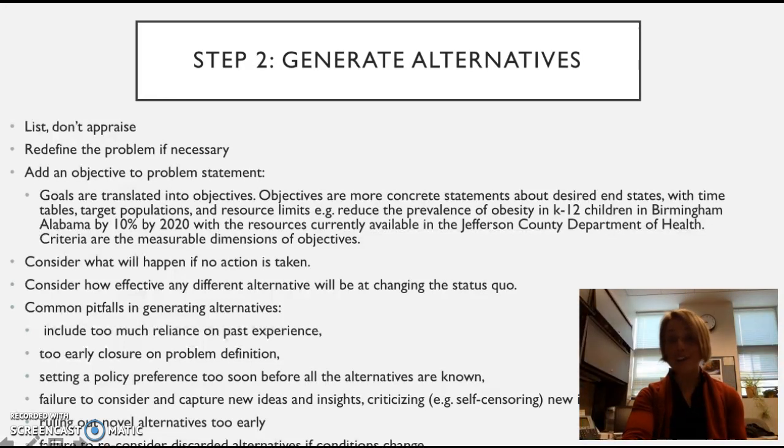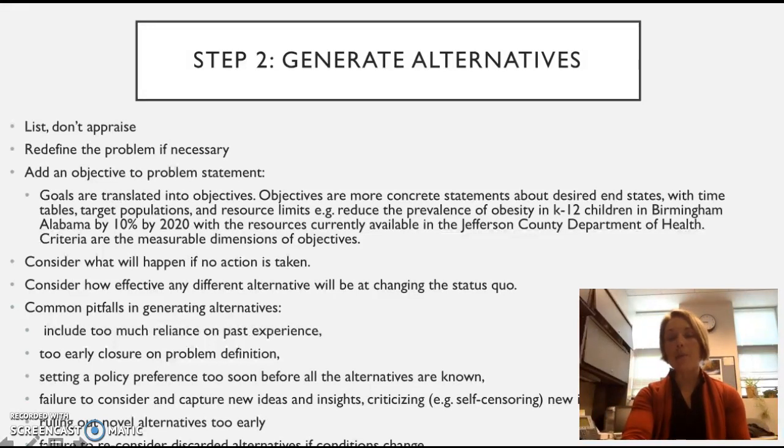Therefore, all your alternatives have to do with the resources that are available at the Jefferson County Department of Health, and it really limits that scope rather than looking at all the different ways that you could do that. Consider what will happen if no action is taken. That's going to be your baseline. Consider how effective any different alternative would be at changing the status quo.